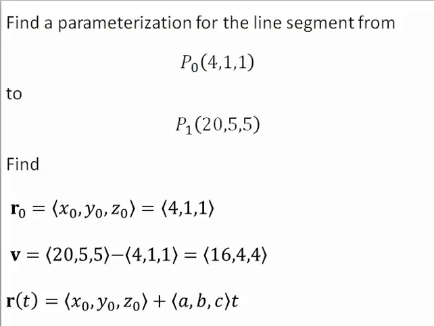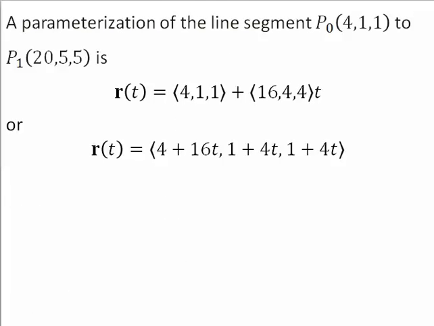Use R naught and v to find the parameterization. R, the parameterization, is going to be just (4, 1, 1), our starting vector, plus that velocity vector, (-2, 4, 4), times t. All right, and so we have our parameterization.